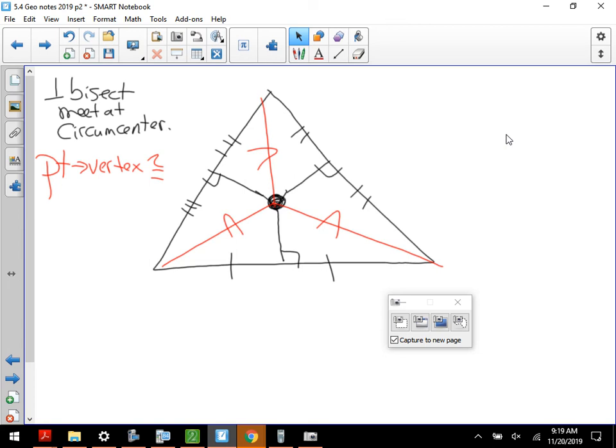Now, I know that there's a lot on this one here, but, hey, it's all vocab. On this sheet, heads up.